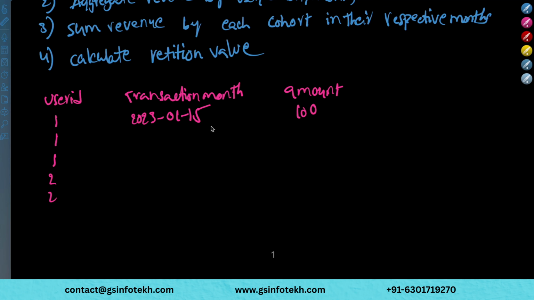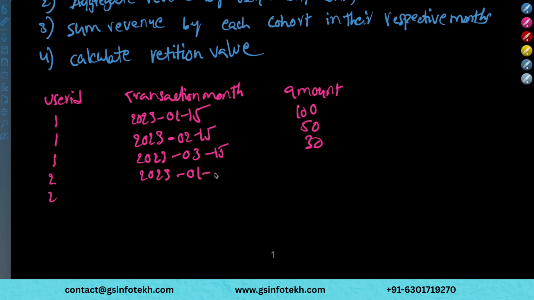Let's say the amount is 100. Then maybe he has done one more transaction in February, which is $50. Then 2023-03-15, again he has done 30. Then 2023-01-20, let's say 200, and 2023-03-25, 70. Let's say we have data like this.